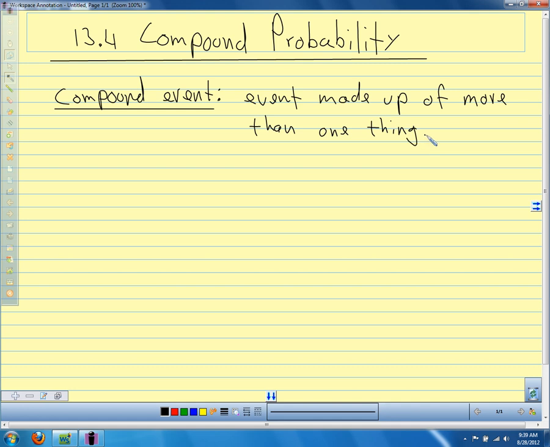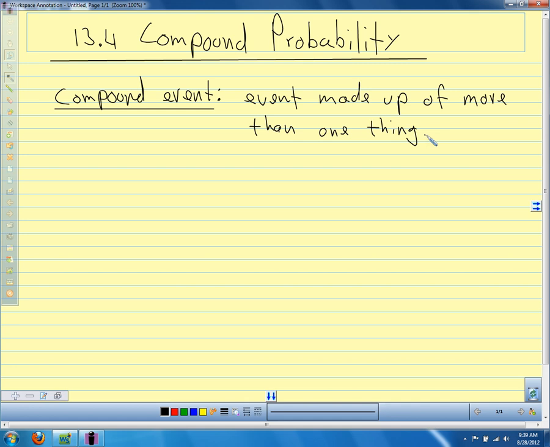An example of a compound event from what we did yesterday with Mr. Spiffy's ties was the probability that Mr. Spiffy wears a striped tie and then a plaid tie. So we're talking about two things, one thing after the other. So that's a compound event. On the back, the last several problems had several compound events.